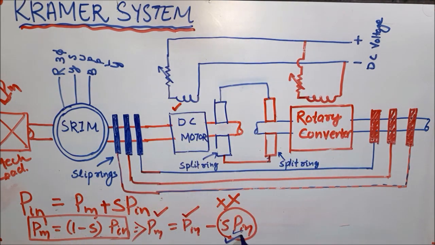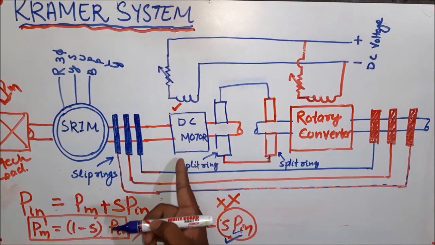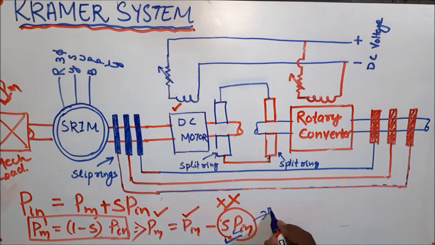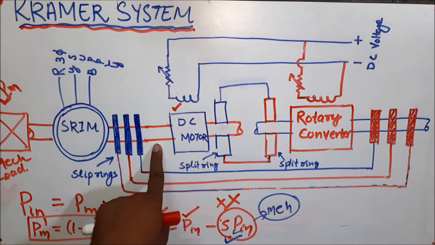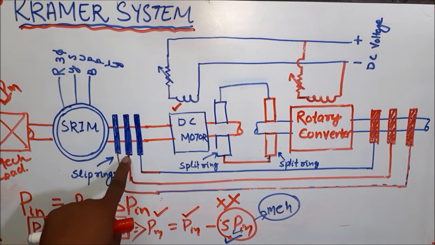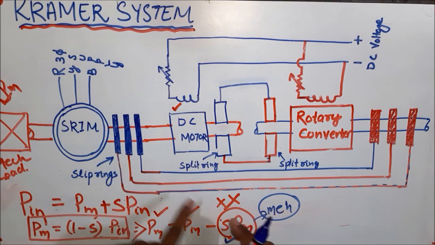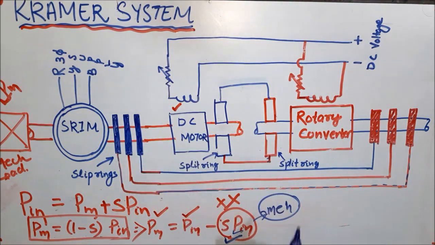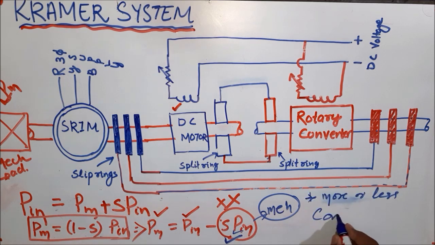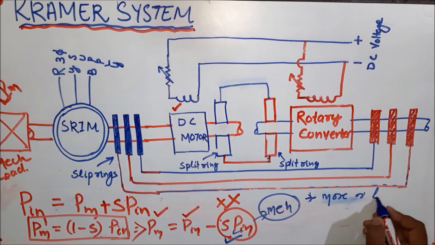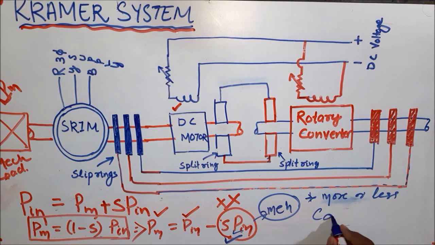This slip power is converted into mechanical power and added to the shaft. The power which was lost in the slip ring is again added to the shaft. That means we do not have any loss in this power, so we get more or less constant power.